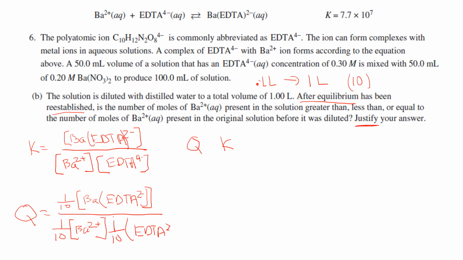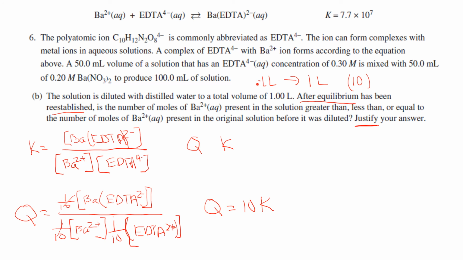Everything that was there before was my K value. That should be a minus. So I'm actually ending up with, those are going to cancel out, and this is 1 over 10. So Q is going to be equal to 10 times the K value.